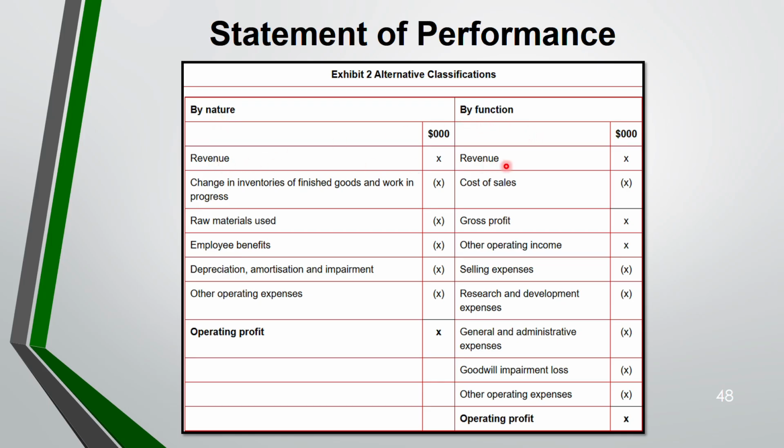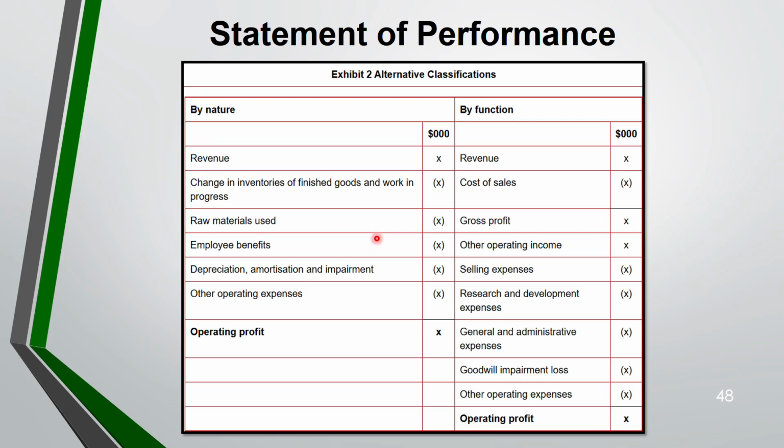So both start with revenue. Here also is revenue, here is revenue. The change occurs here. Here, it's by nature. So they will go by raw material, employee benefit, depreciation, and get other operating expenses and operating profit. On the other hand, by function, we take cost of sales, then we get the gross profit, we deduct from operating income, we deduct selling, research, general admin, goodwill impairment, and here also we have other operating expenses, and here we have the operating profit, and here also we have operating profit.